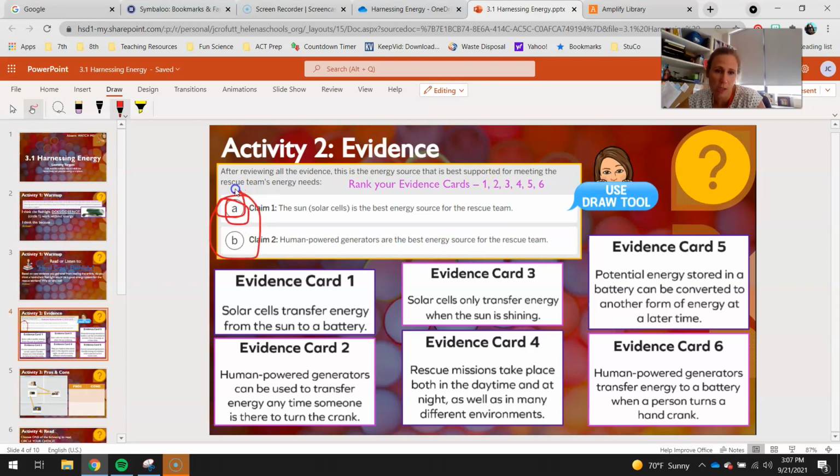If you chose claim number 1, I might say, all right, this is the best evidence card for my claim, so I'm going to number it number 1. Maybe this one you think is the best for supporting your claim. I just kind of picked one there. So go ahead and number them 1, 2, 3, 4, 5, 6 for first place through 6th place as the best to support the claim that you chose, okay?